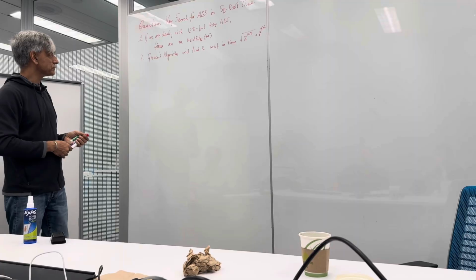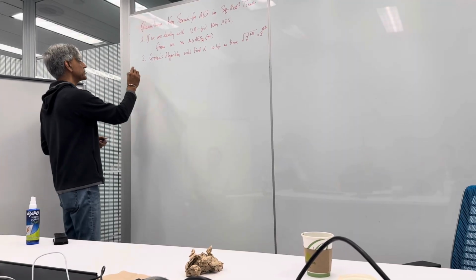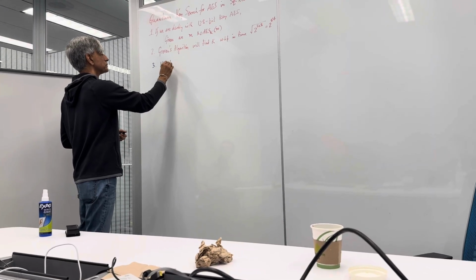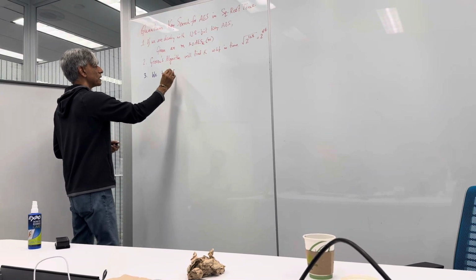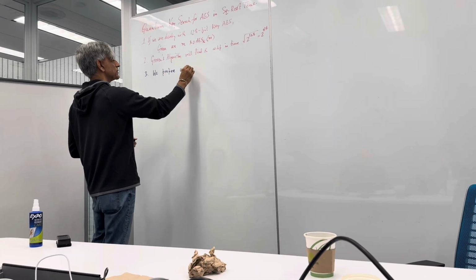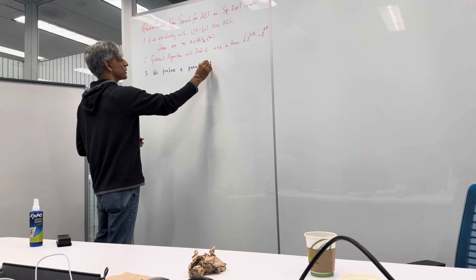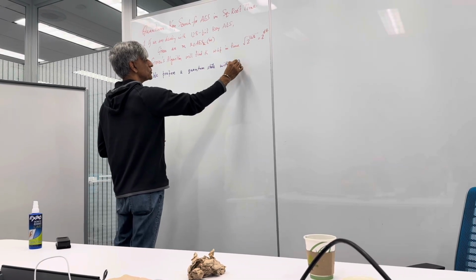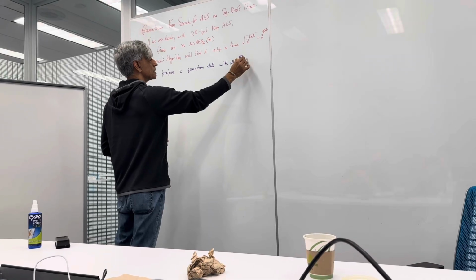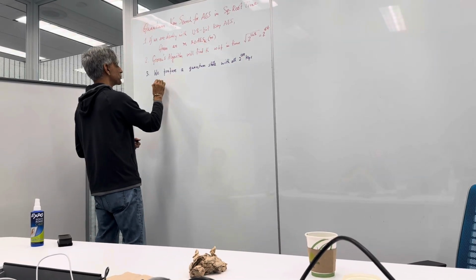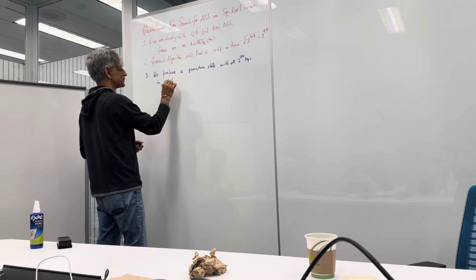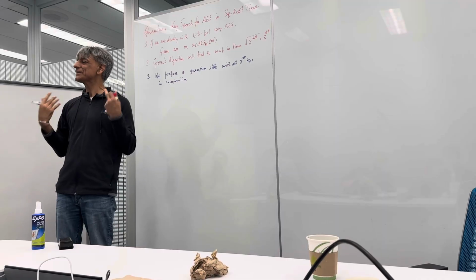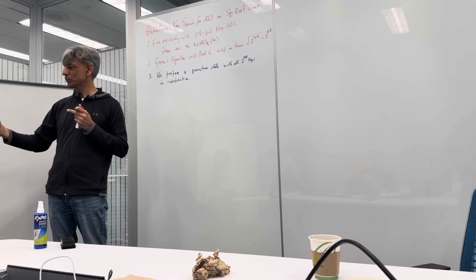Okay. So the first thing is that we are going to prepare a quantum state with all 2 to the 128 keys in superposition. All right. So there will be a single state, which will be 128 qubits.